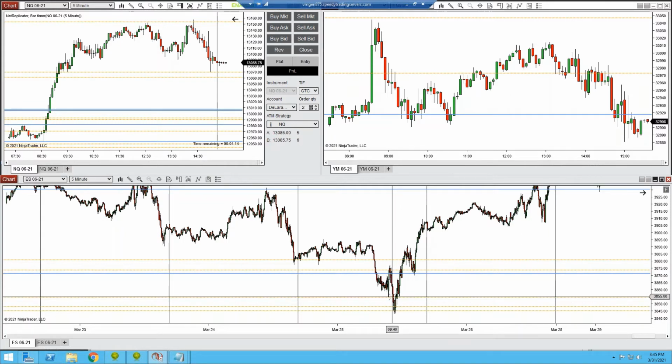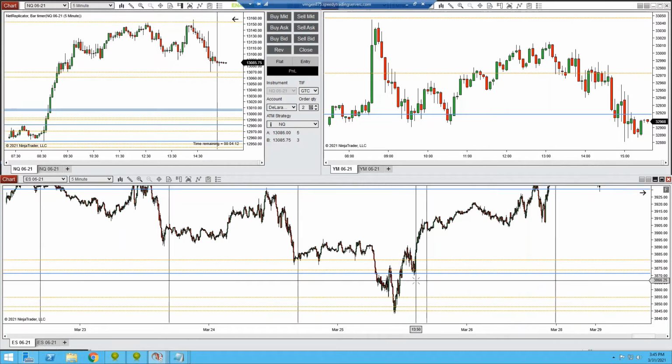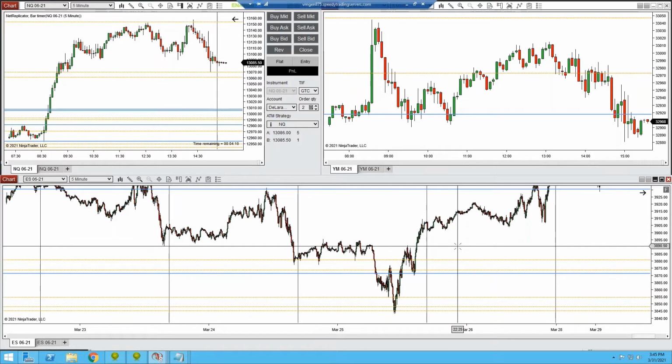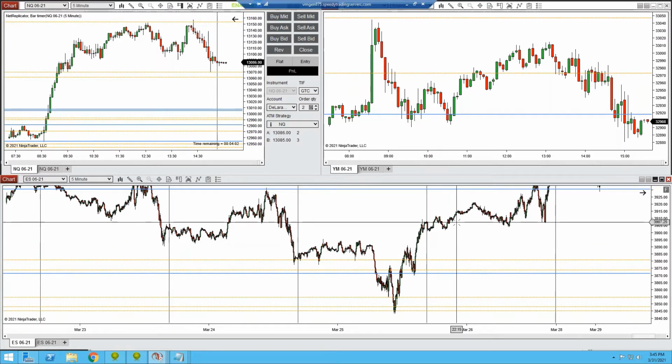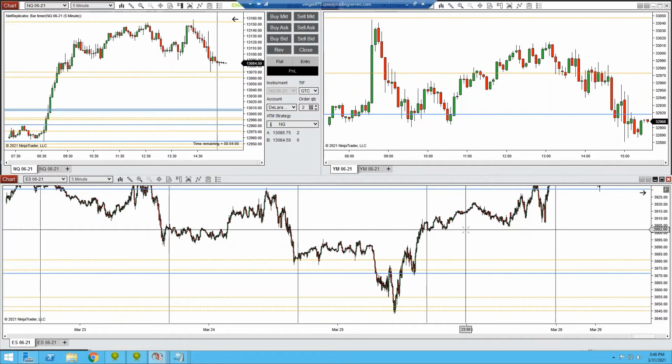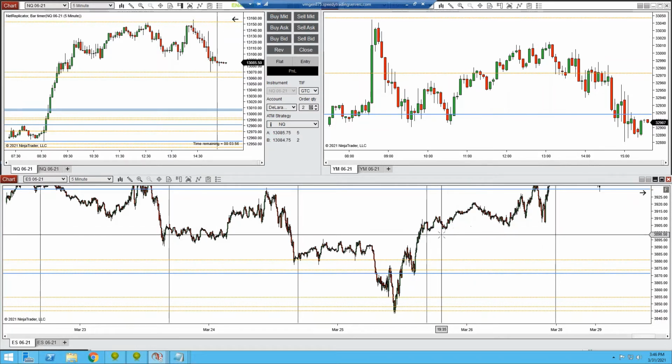It might take some time to get to the next target, but that's generally where the market's going. And you don't necessarily need to capture the whole move, because that's 50 points there, right? Yeah, exactly. But if you capture 10 of that and leave a runner for the rest, it can be pretty powerful.